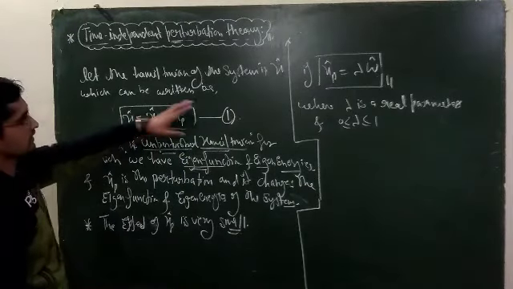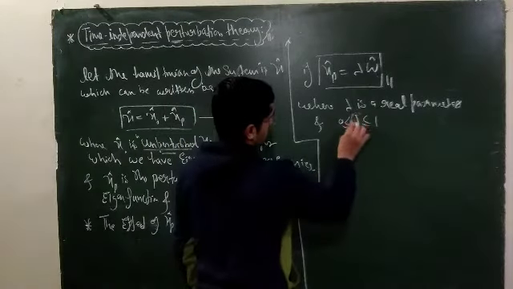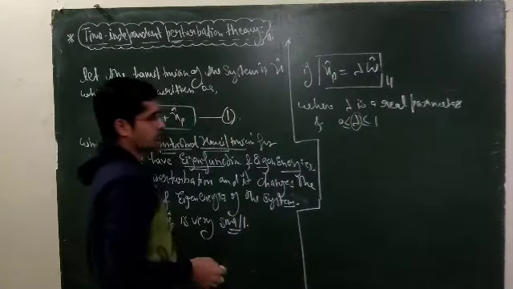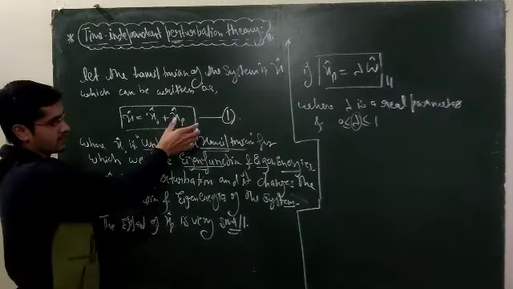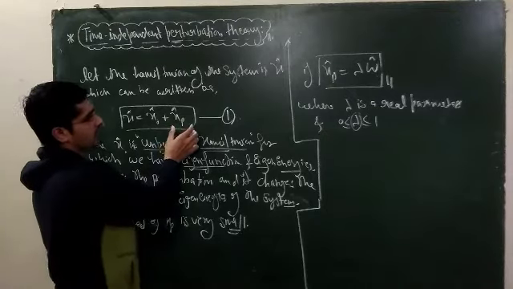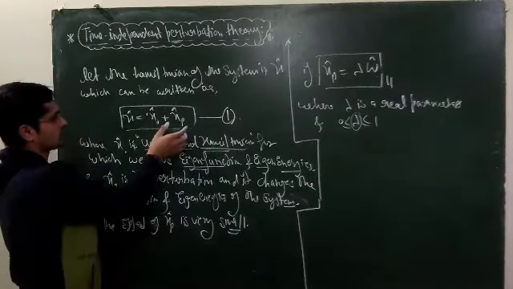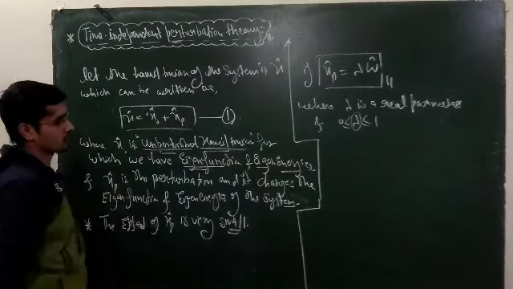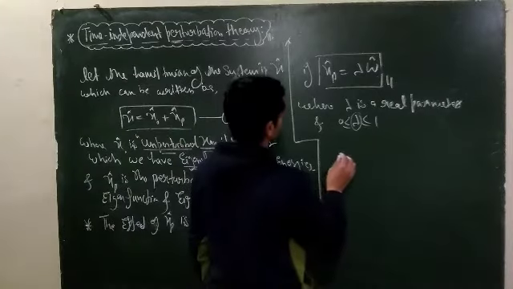So it is just to define the strength of the perturbing Hamiltonian, right? We can adjust this lambda by our choice, to include however much strength we want in the problem. That is just a mathematical parameter.